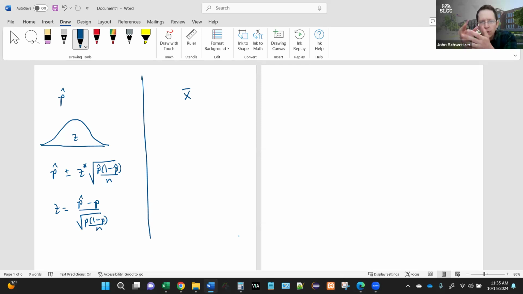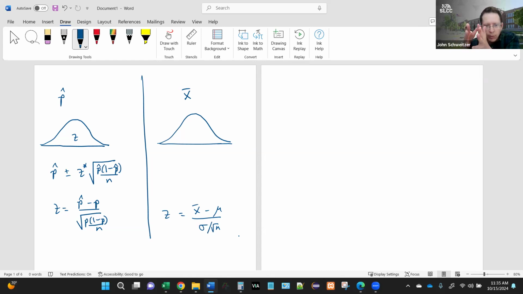So we saw that X bar is also normally distributed if certain conditions are met. So the central limit theorem also applies to X bar, so that's good. So you're thinking, well, let's do the same thing. Let's create a z-score, right? So that would be X bar minus mu over the standard error of X bar, which is sigma over the square root of n.